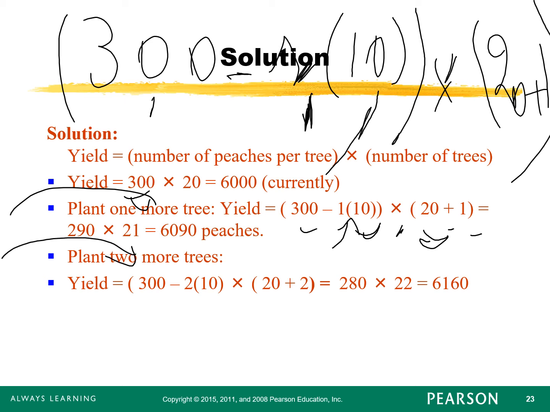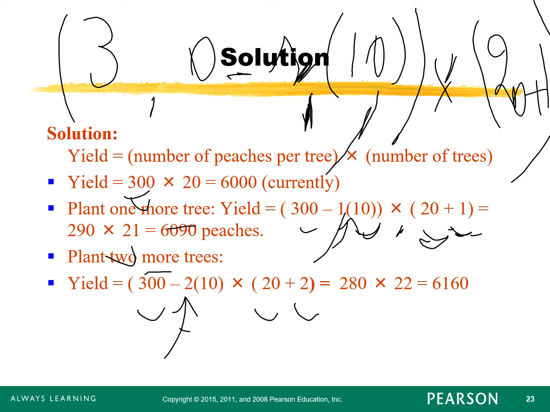Of course, we'll have 300 minus not 1 tree but 2 trees, multiplied by 10, the same thing. And here we will have 20 plus 2, because we add 2 trees. So this is the form if we plant one more tree, and this is the form if we plant 2 more trees.